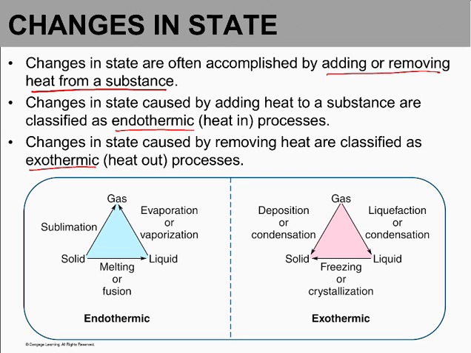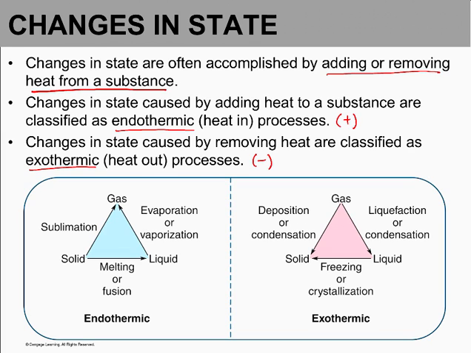So we would say that that's a positive value because heat is coming in. And then an exothermic process involves the release of heat. So we would say that that is negative. The system is losing heat. So down below we have endothermic versus exothermic processes.